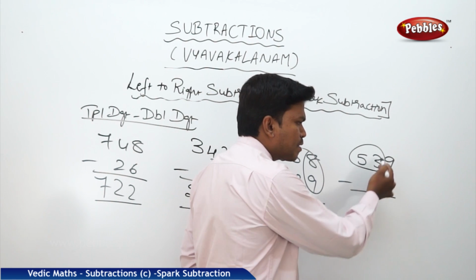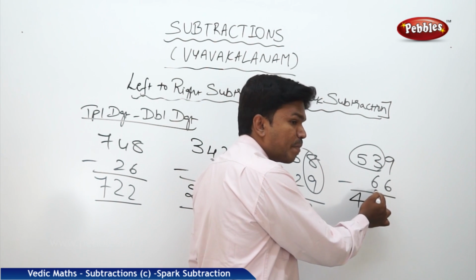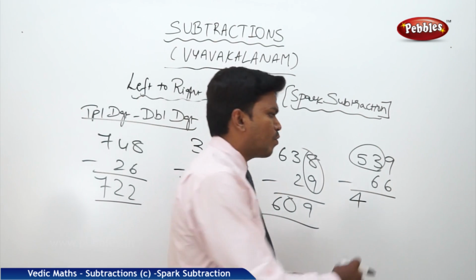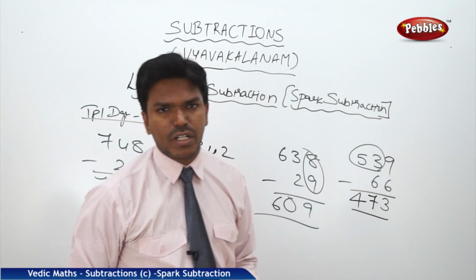Mismatched numbers, so 5 becomes 4. 3 plus complement of 6 is 4, so 3 plus 4 is 7, but the next numbers match, so 7 becomes 7 only. 9 minus 6, 3. So your answer is 473.